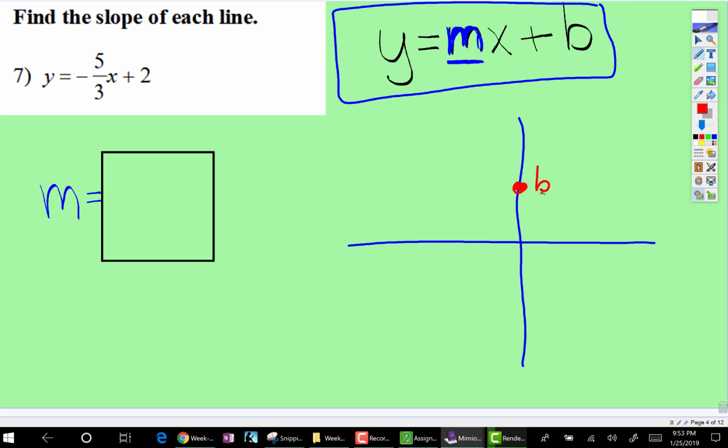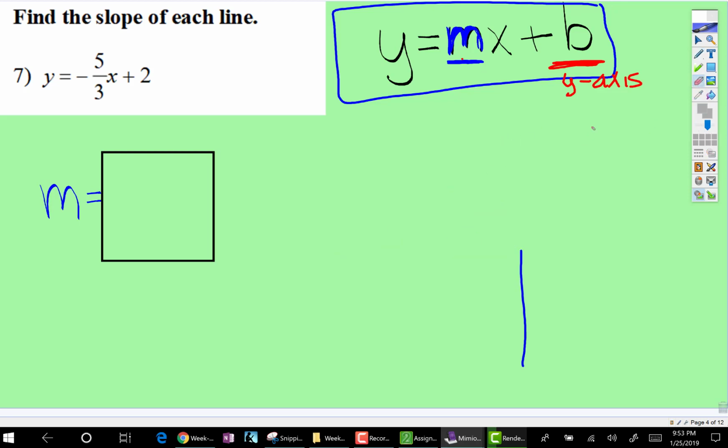So if you know where a line touches the y-axis and you know the slope, so you know how far to go up and how far to go over to find your other point, then we can draw the line, even without those 2 points. So sometimes it will be in the formula.